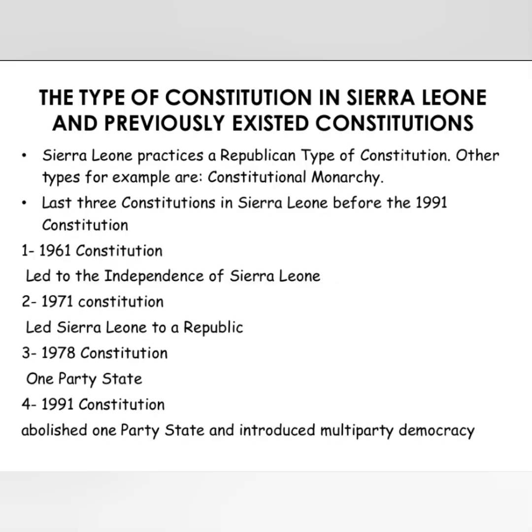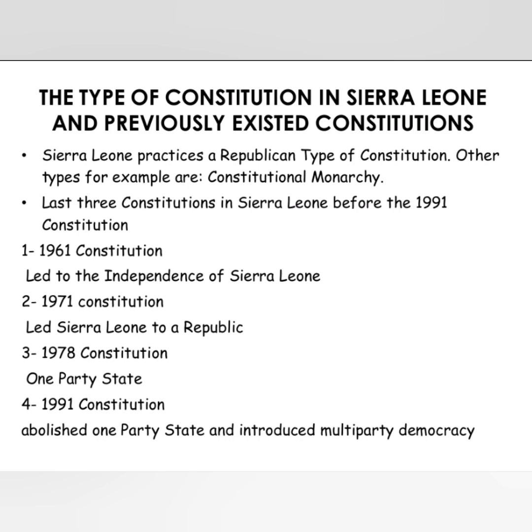As for the last three constitutions in Sierra Leone before the 1991 Constitution, which can also be referred to as post-colonial constitutions, to begin with the first constitution. The first constitution after colonialism was the 1961 Constitution, which can also be referred to as the 1961 Independence Constitution.